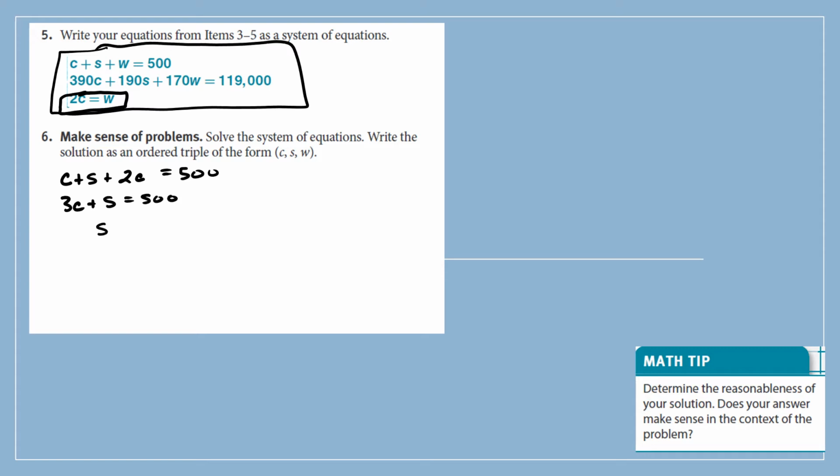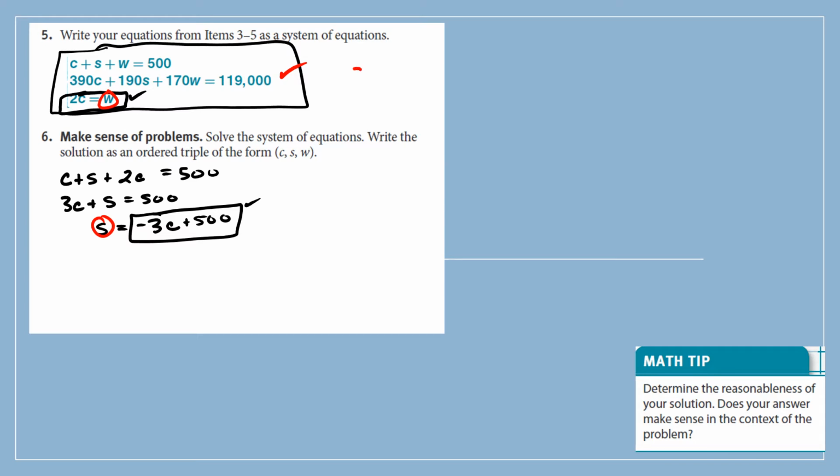And then it's really easy to solve for S. S is going to equal negative 3C plus 500. So the cool thing is, now I know what S equals and I know what W equals, and they're both in terms of C, which means that if I go to this equation I haven't used yet, and I put these in for W and for S, and I make the substitution, I'll have only C's in my equation and I can solve it.